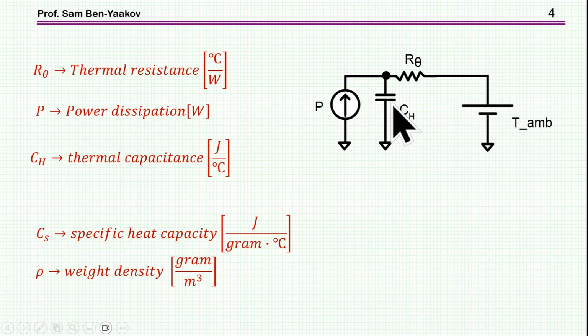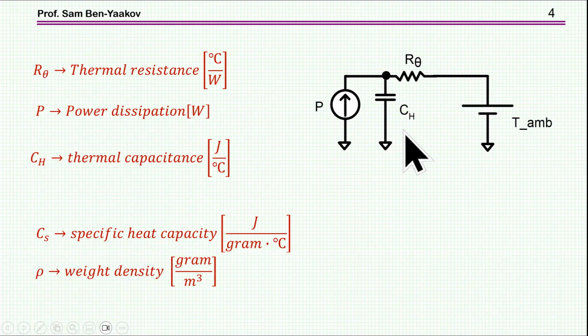We also have here a capacitance which represents the thermal capacitance of the body, because in steady state you just have to worry about the thermal resistance. You have power coming in like a current flowing here. So if you know the ambient temperature, you can find the temperature here by multiplying the current times this thermal resistance, adding it to the ambient, and you get the hotspot temperature.